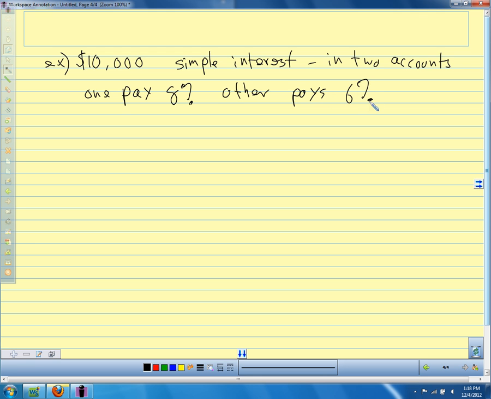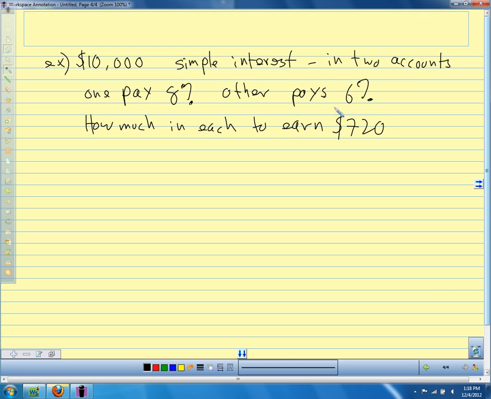We want to figure out how much to invest in each to earn $720. So we want to earn $720 in interest on this investment.